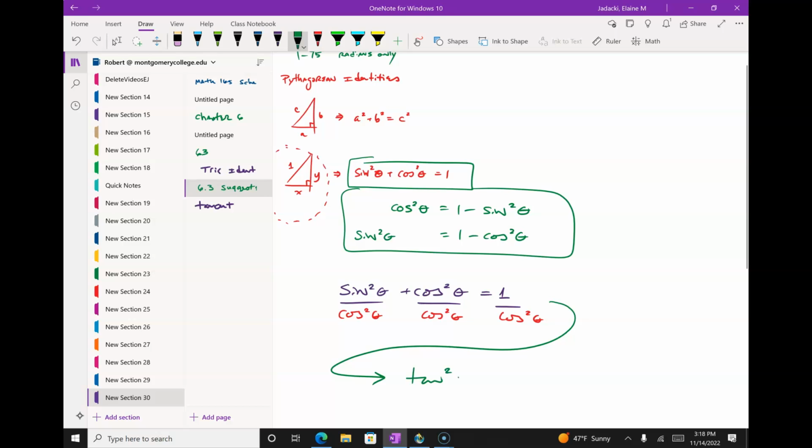Tan squared theta plus 1 equals secant squared theta. There is the fourth identity that you need to know. When I say need to know, it's either memorized on your formula sheet or you get the tattoo. I would suggest formula sheet.